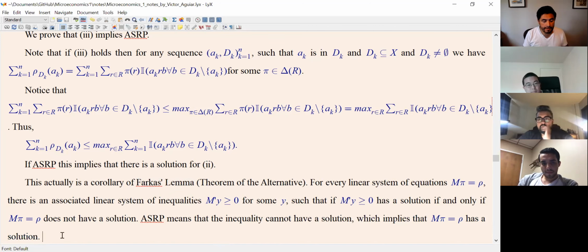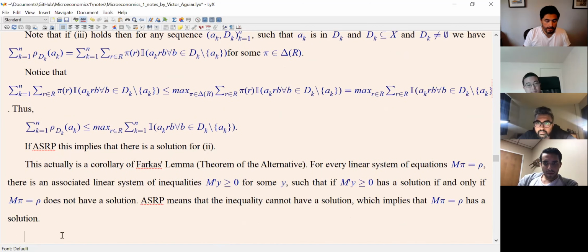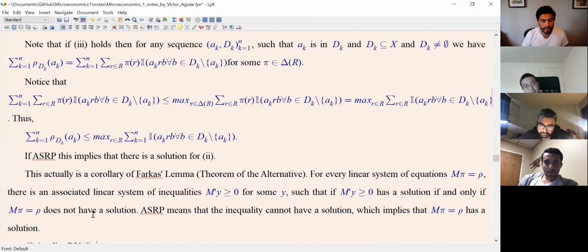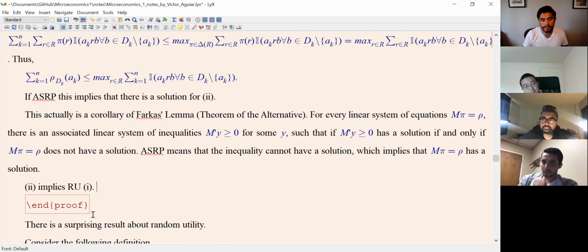So once you have that 2 holds, then 2 implies random utility, which is 1. Okay. So we close the circle here because 1 implies ASRP. ASRP implies the linear system of inequalities, and the linear system of inequalities implies random utility. And we go back, right? The only thing I haven't proved is the Block-Marschak, which I'm going to leave outside for this class.